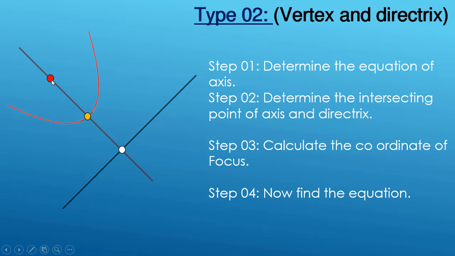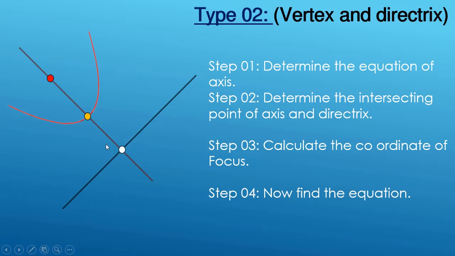You have to take the coordinate of the focus as (p, q), like the previous problem. Of course the vertex is the midpoint of the line segment joining the focus and the intersecting point. So you took (p, q) as the coordinate of the focus and we calculated the intersecting point.